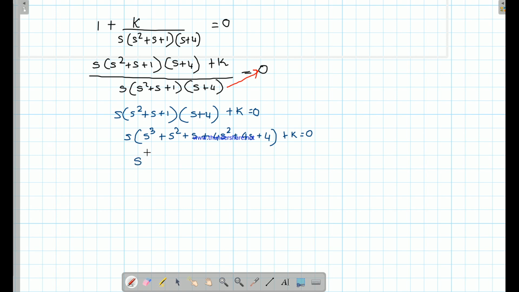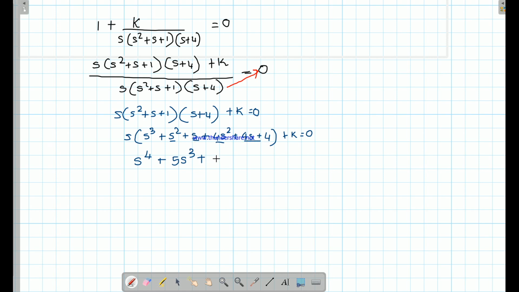So this is s to the power of 4 plus, you have one s square here and another 4 s square, so 5 s square, multiplied with s becomes 5 s cube. Plus, now you have s here, 1s here and 4s here.